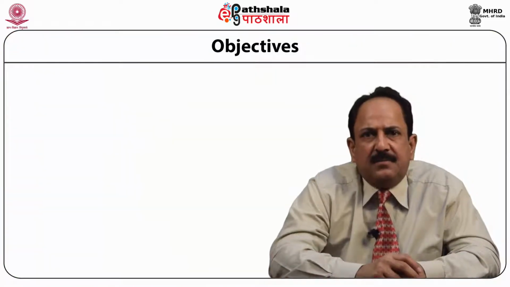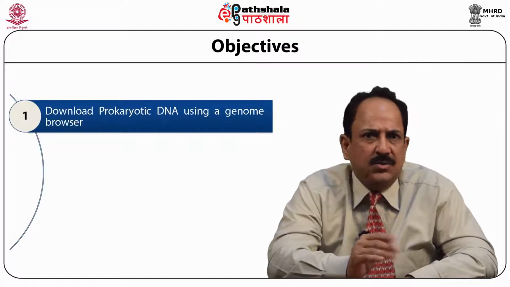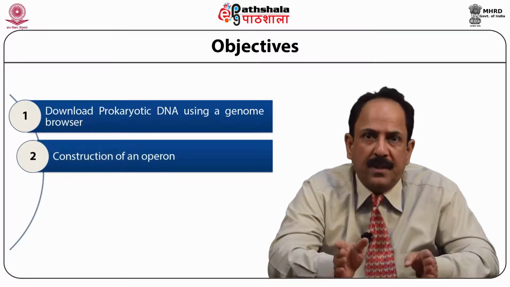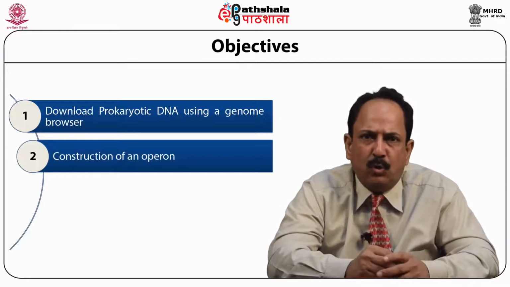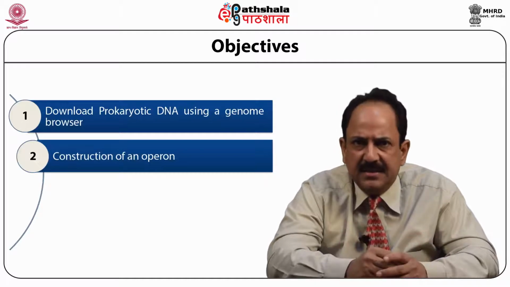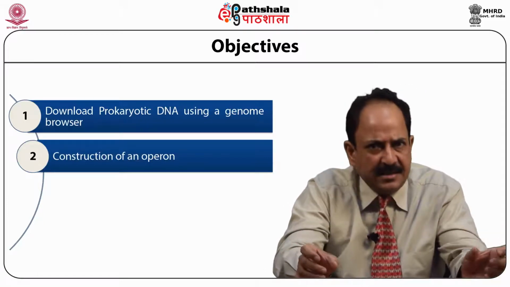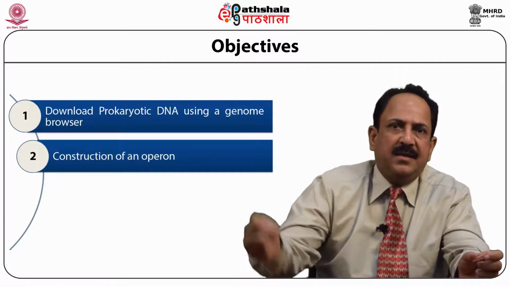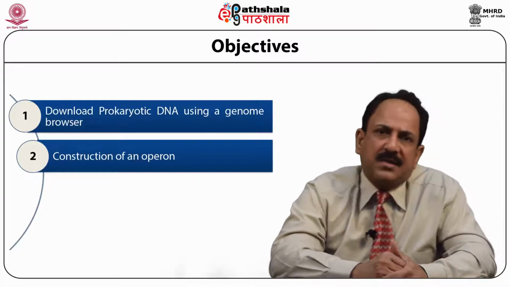In this module, you will download a prokaryotic DNA sequence using a genome browser for the construction of an operon, with the prediction of open reading frame encoding the protein product under the control of ribosome binding site, along with its transcription start and termination site, as well as the promoter sequence containing -10 and -35 sequence boxes, which are regulating its transcription.